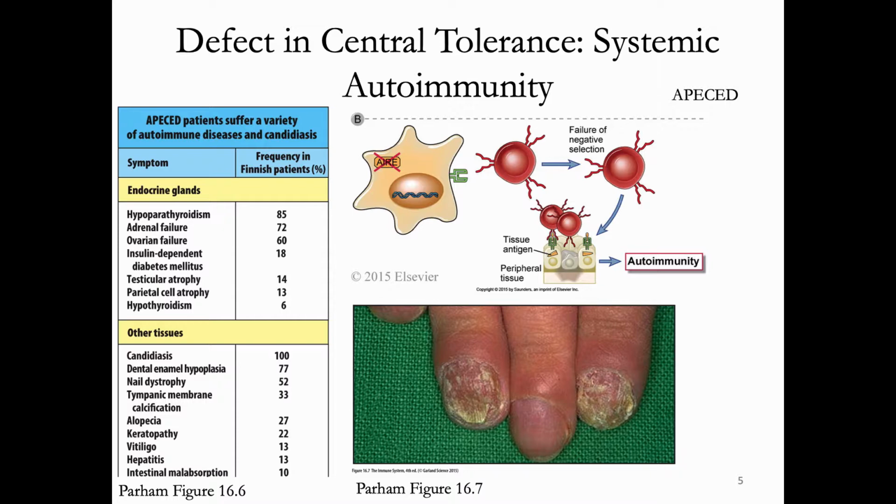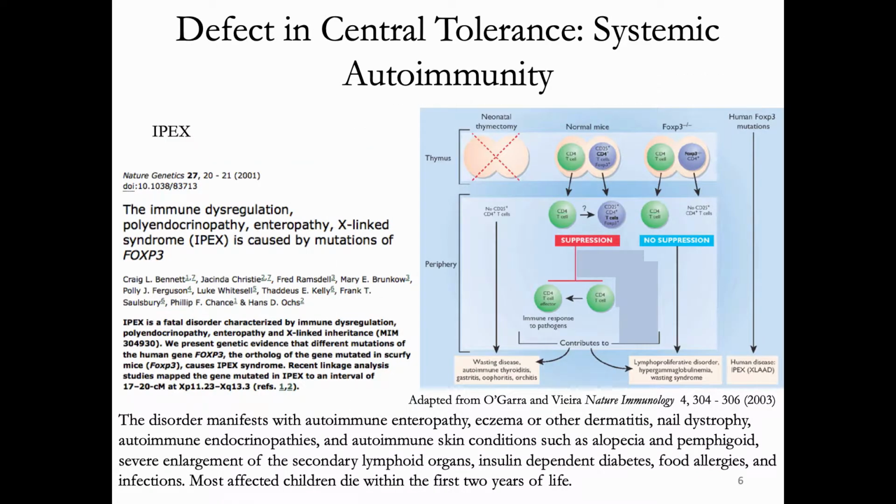One other very famous defect in central tolerance that leads to systemic autoimmunity is listed here. This is a disease known as IPEX. And IPEX, as it shows here, stands for immune dysregulation, polyendocrinopathy, enteropathy, X-linked syndrome.